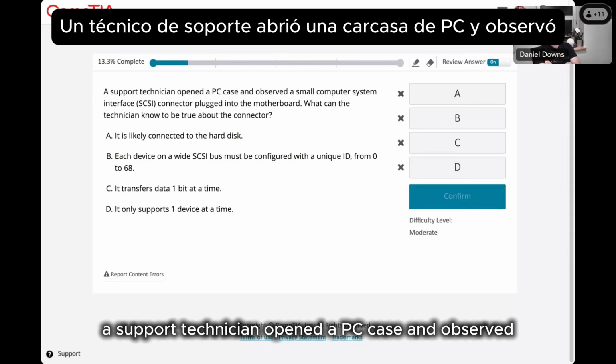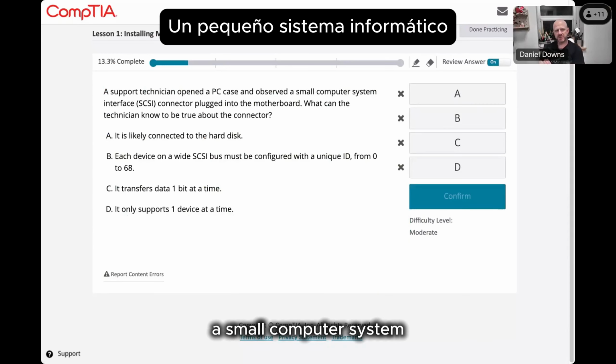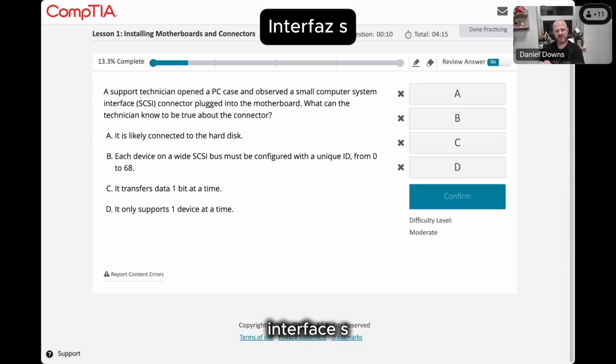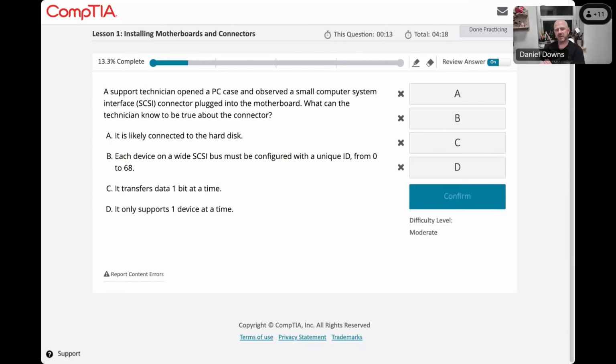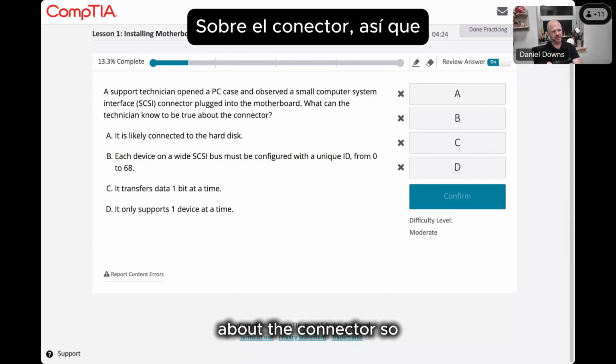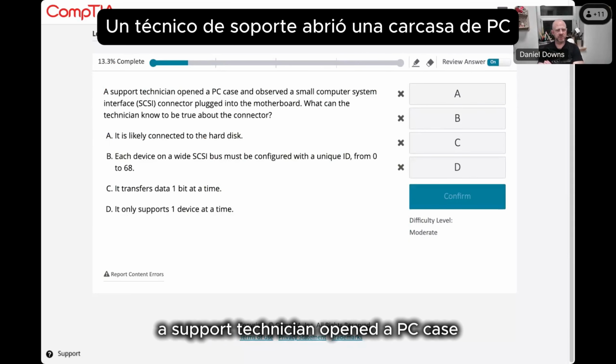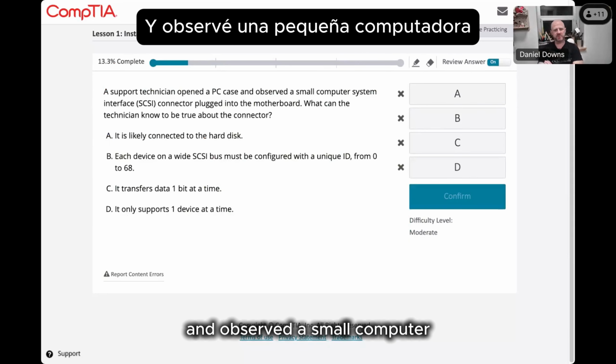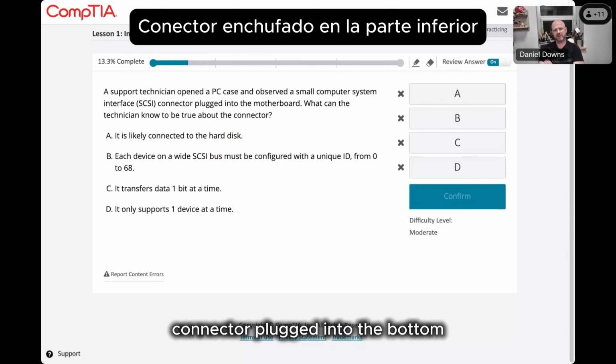A support technician opened a PC case and observed a Small Computer System Interface, SCSI, connector plugged into the motherboard. What can the technician know to be true about the connector? So a support technician opened a PC case and observed a small computer connector plugged into the motherboard.